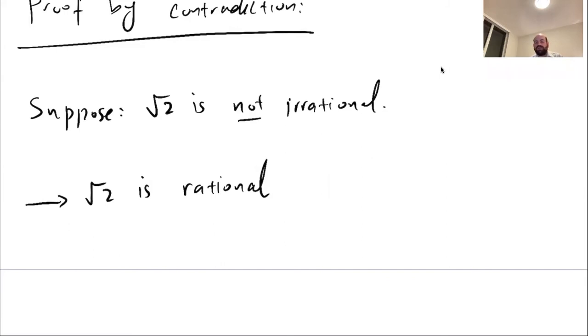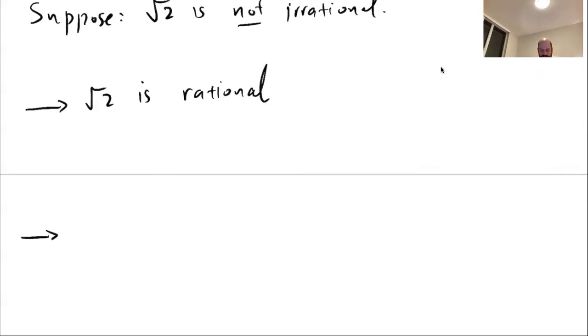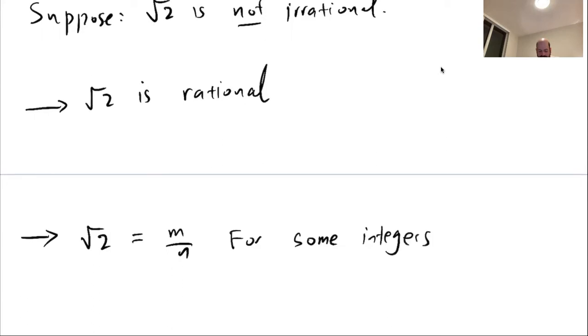We know that every rational number can be written of the form m over n. So that means root 2 equals m over n for some integers m and n with n not equal to 0.